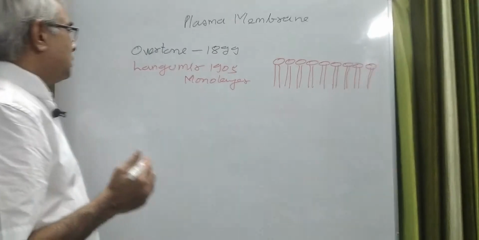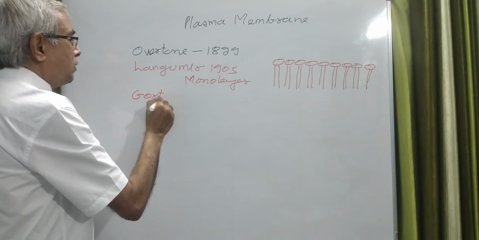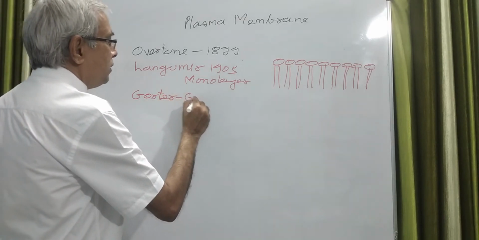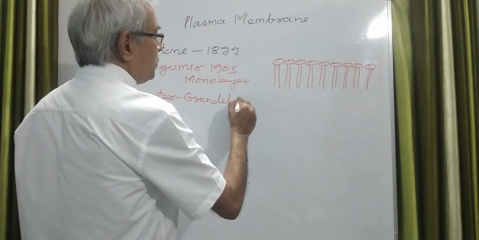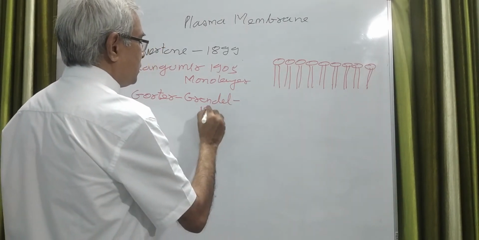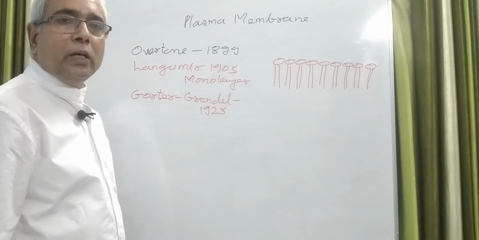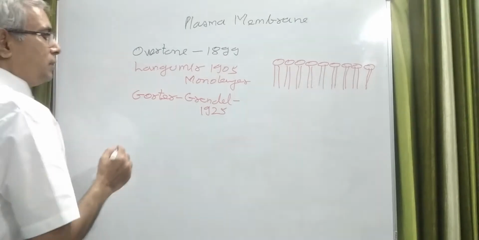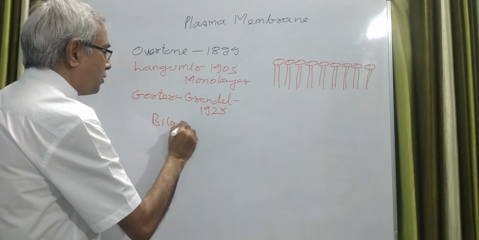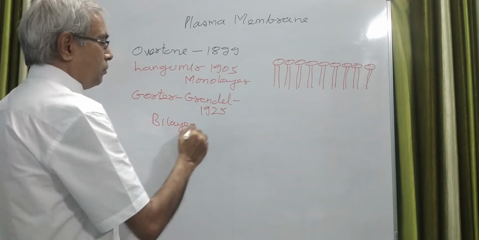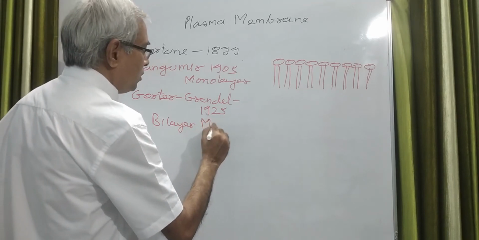So, Gorter and Grendel in 1925 said that it is not made up of a monolayer of phospholipid molecules, but in fact it is made up of a bilayer. This model is termed the bilayer model.